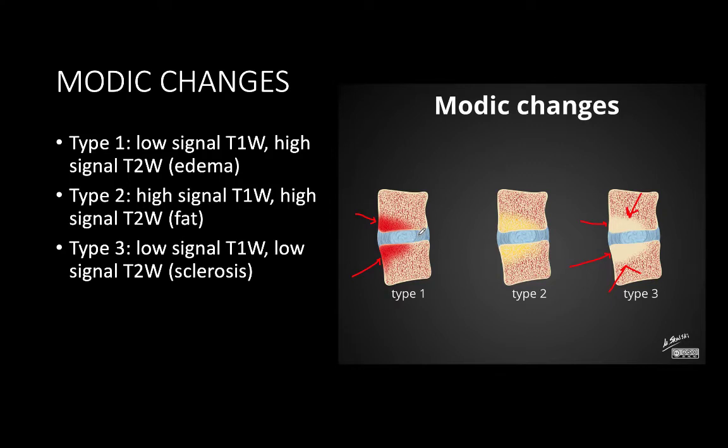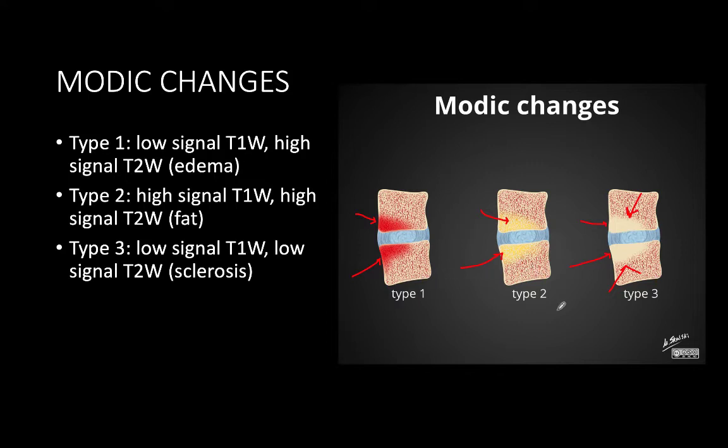And then type 2 Modic change is associated with fatty deposition in the subchondral space. So in that subchondral bone, fat is laid down. And on MRI, this shows up as high signal on T1 weighted images and kind of iso to high signal on T2. Remember, fat can be fairly high on T2 weighted images.